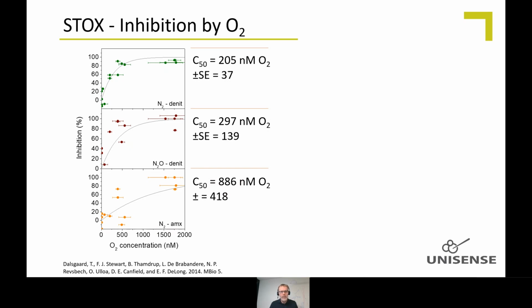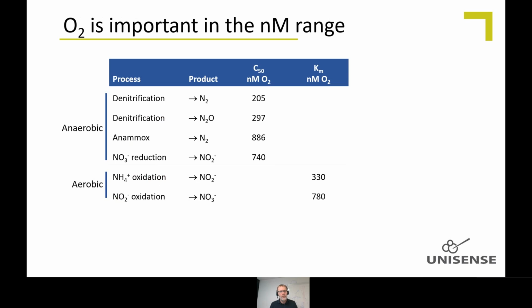We extended this experiment also to include the nitrate reduction to nitrite, which is also an anaerobic process that had roughly the same 50% inhibition, at 740 nanomolar. And we also looked at the aerobic processes that require oxygen, so the ammonia oxidation to nitrite and nitrite oxidation to nitrate. And in both cases, we were below 1 micromolar, 330 and 780 nanomolar oxygen.